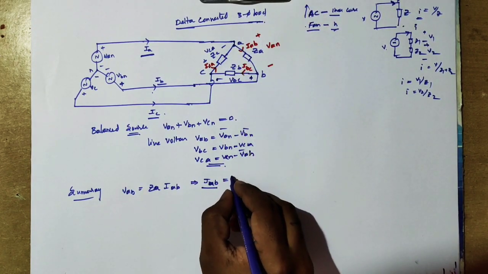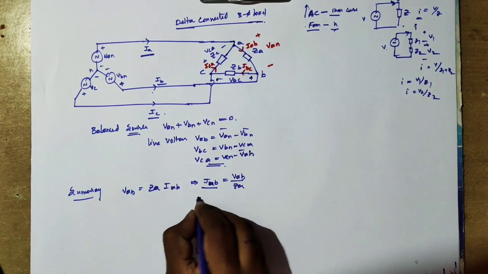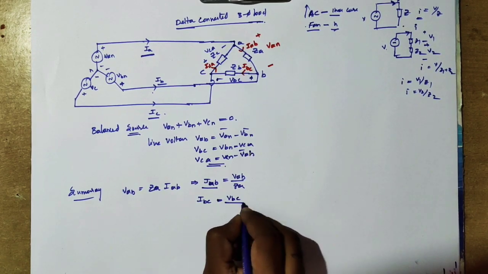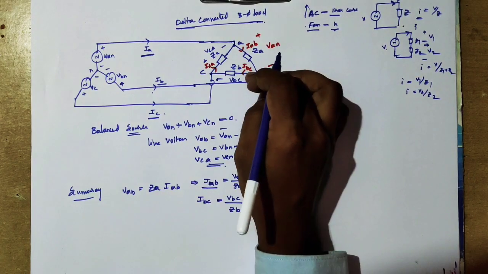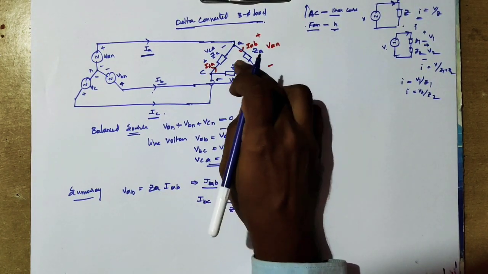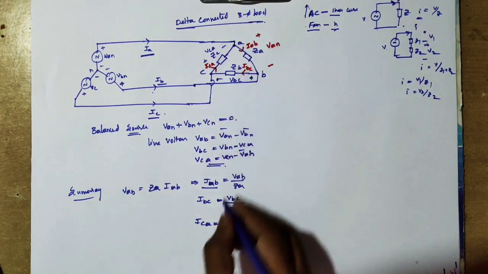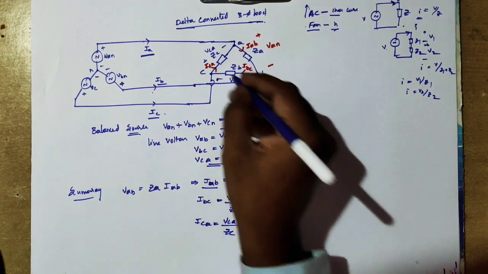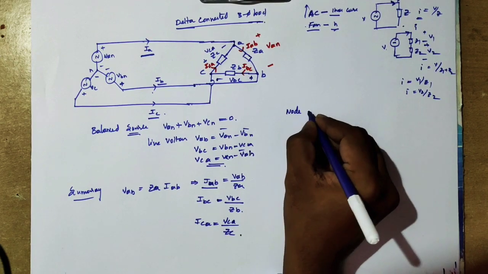IAB equals VAB by ZA, IBC equals VBC by ZB, and ICA equals VCA by ZC.